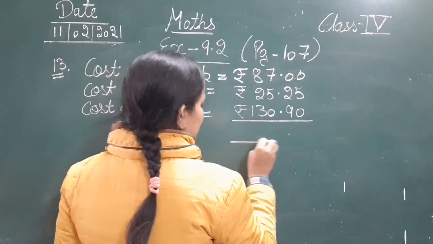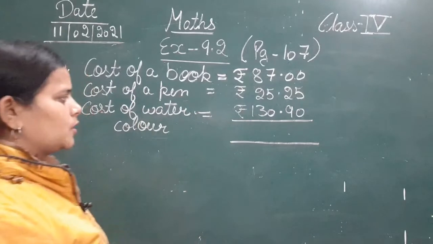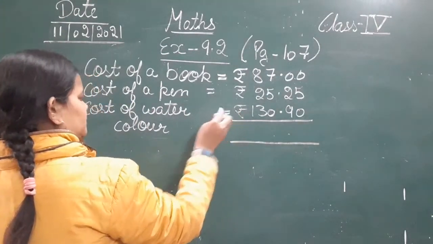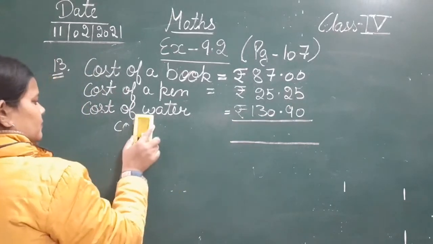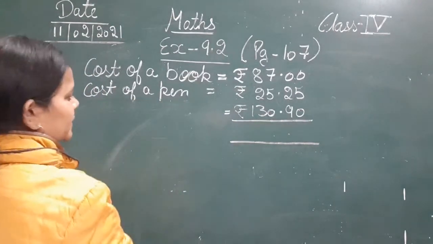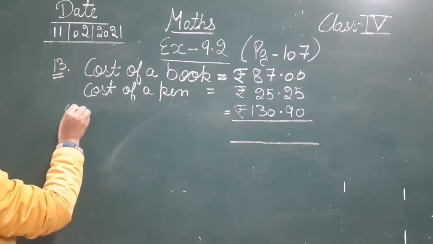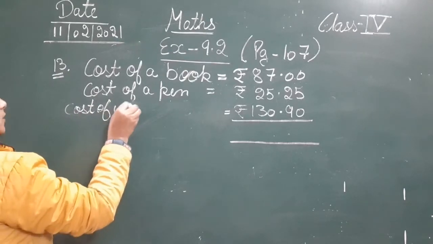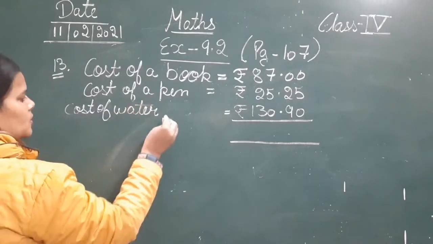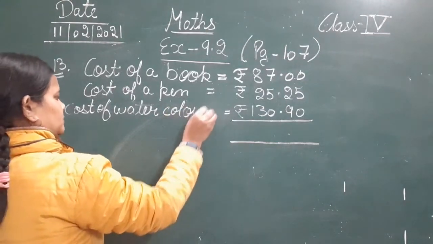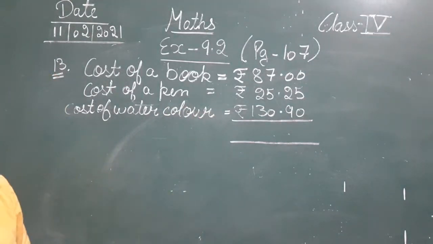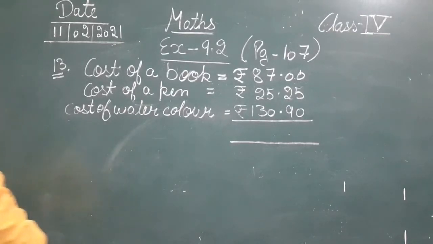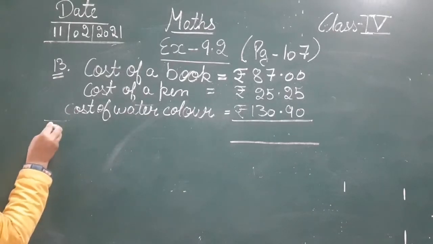So let's calculate the total amount. Now we will calculate the total cost of all the items.